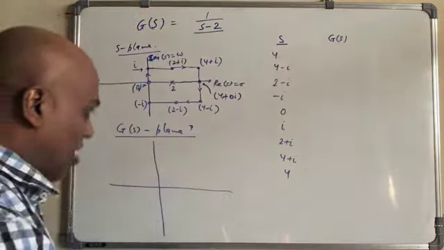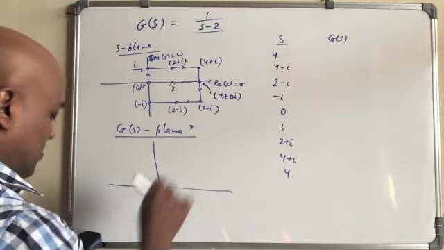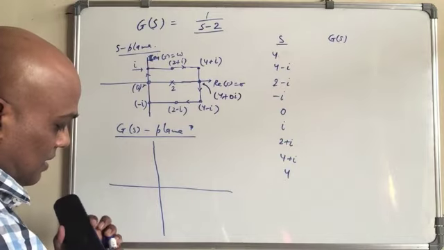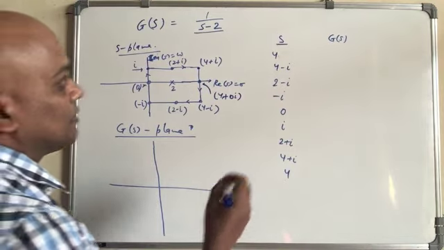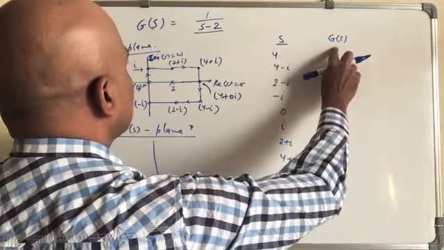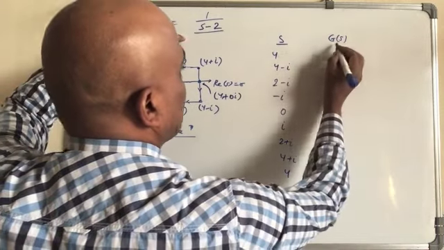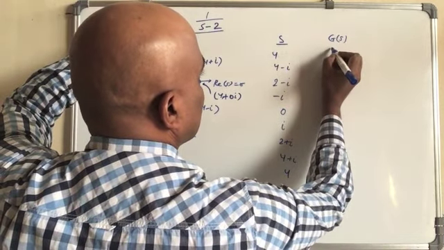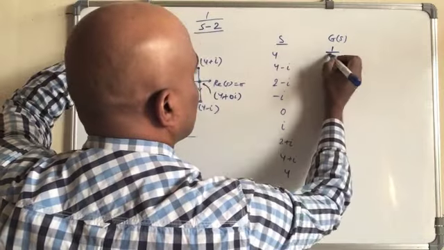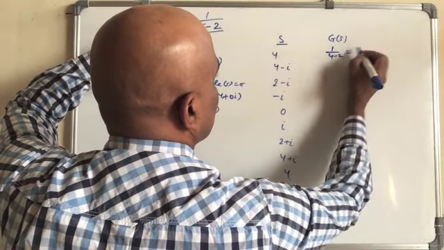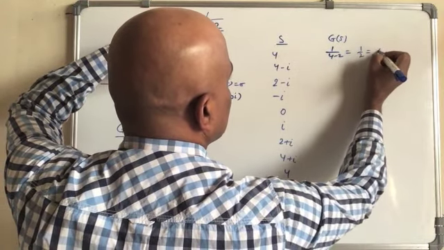Since we are mapping, if the value of S is like this, how does it look on the G(S) plane? For 4, G(S) is simply 1 over 4 minus 2, which is 1 over 2, equal to 0.5.